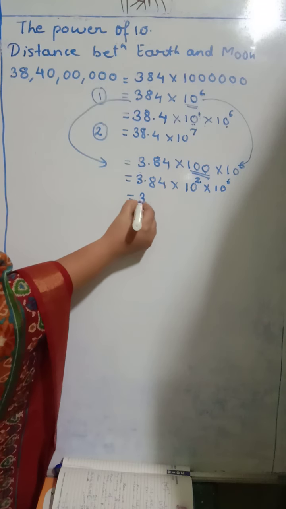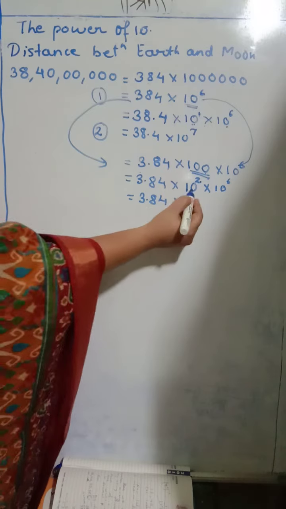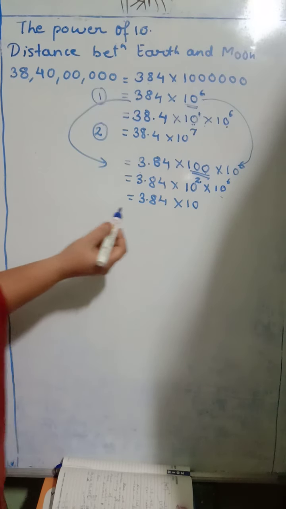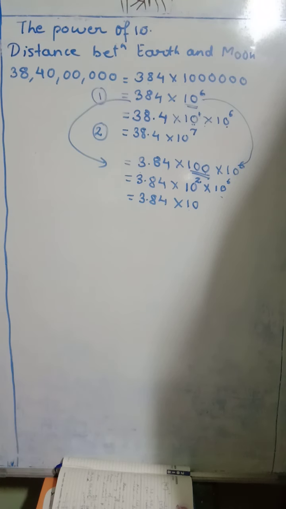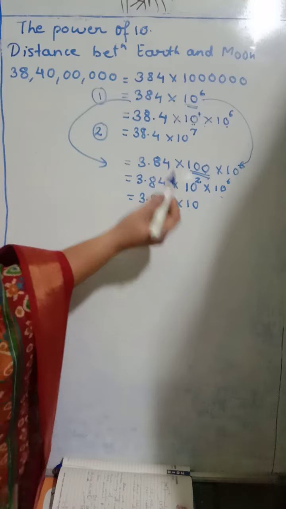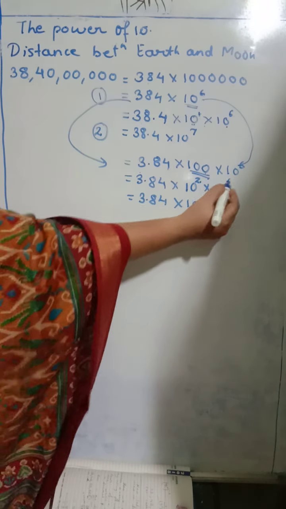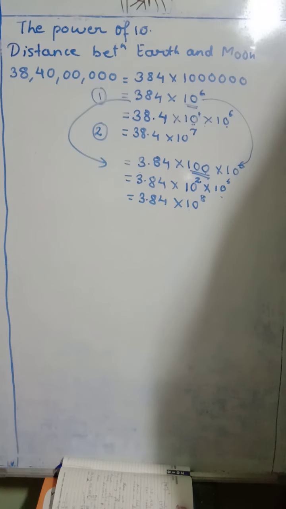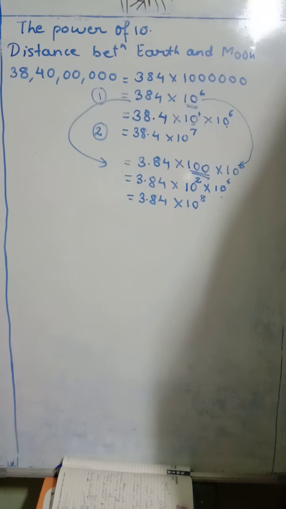Now 3.84 multiplied by 10, the base is the same. Again, according to the law of multiplication of indices, we add the indices, that is 2 plus 6, 8. So this is the smallest number which we can write from the crore number.